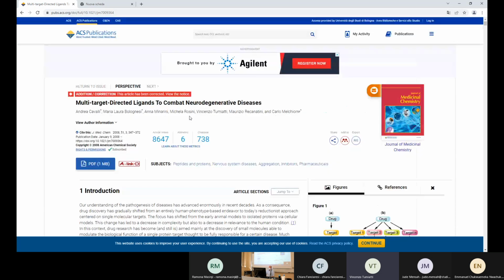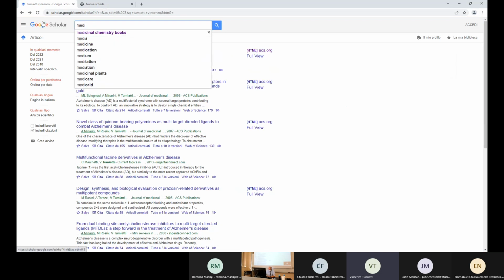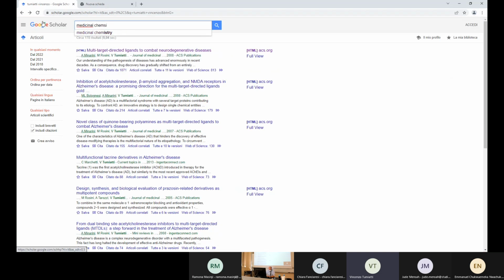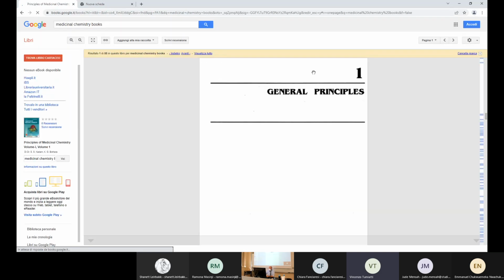But not only scientific papers, also if you want medicinal chemistry books, you can find several books. Principle of Medicinal Chemistry, Volume 1.